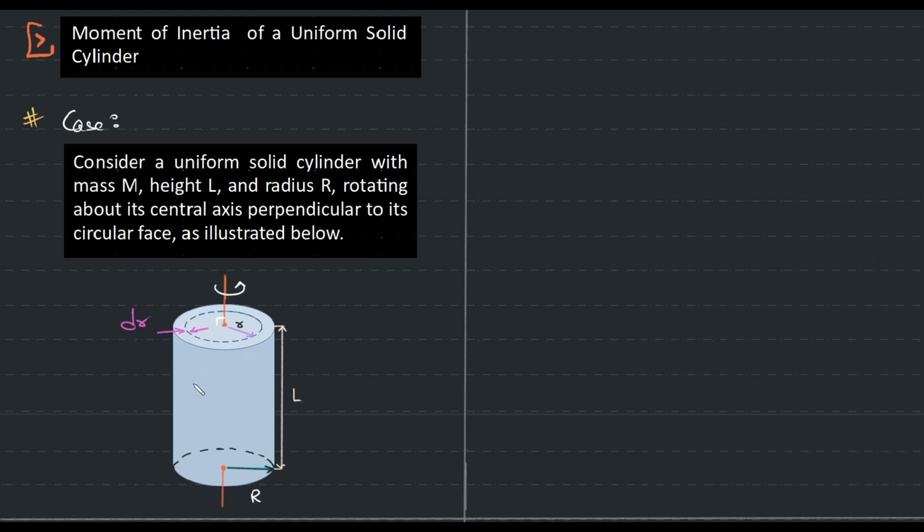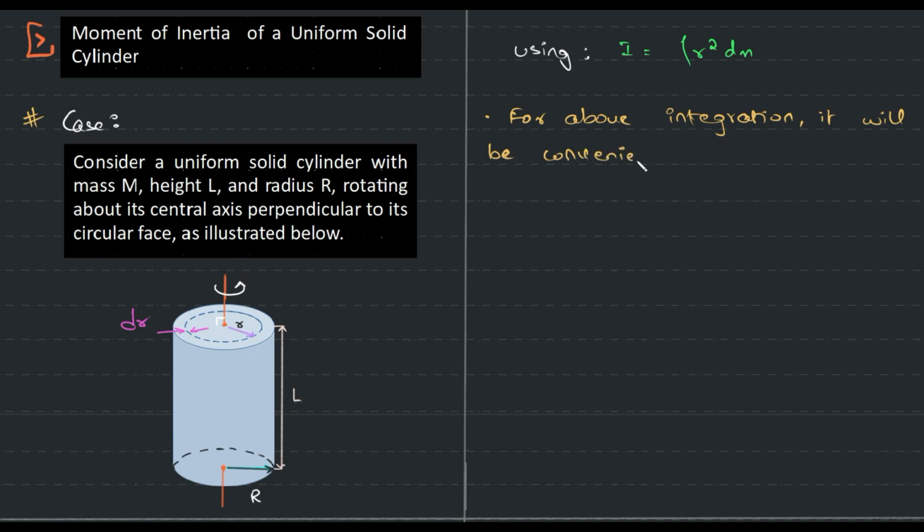So it might be rotating in this manner. Now we are making use of R square dm. For the above integration to take place, it will be convenient, so how can we go about doing this?